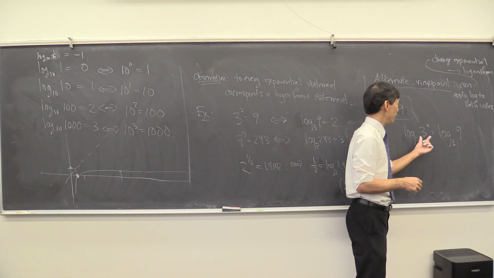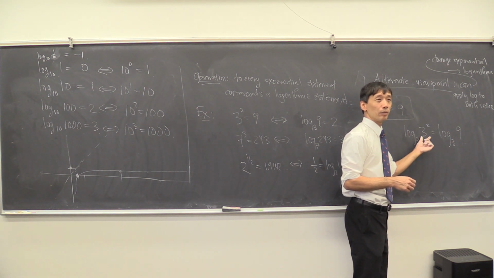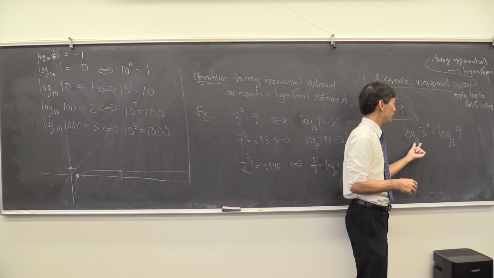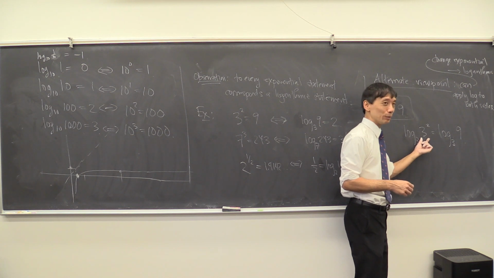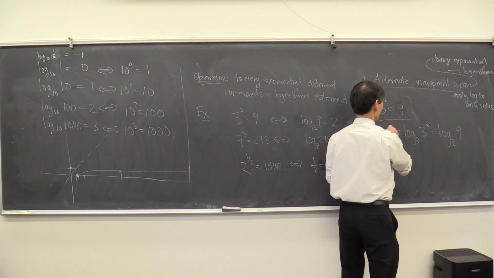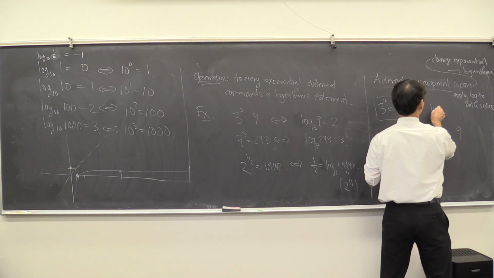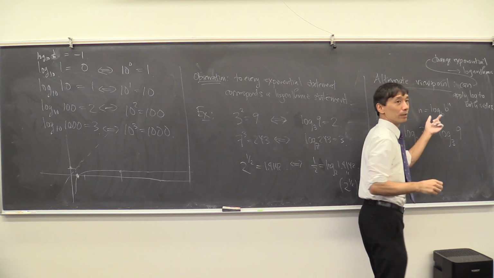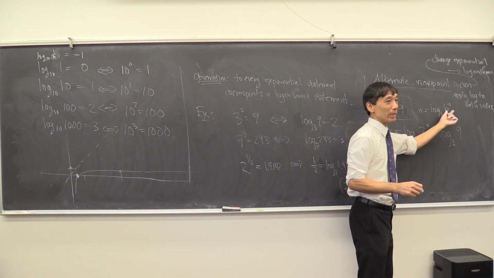What's log base 3 of 3 squared? Well, it's the power that you raise 3 to get 3 squared. What power do you raise 3 to get 3 squared? 2, right? So this is 2. And you notice that log base b of b to the n is just n, because this is the power that you raise b to get b to the n.